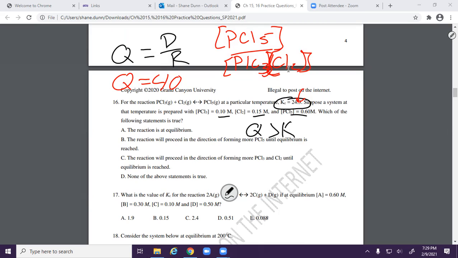So, A, are they equal to each other? No. The reaction will proceed in the direction of forming more PCl5 until equilibrium is reached. No, that's products. The reaction will proceed until you make more reactants. That's true. So the answer is C. Does that make sense? Okay.